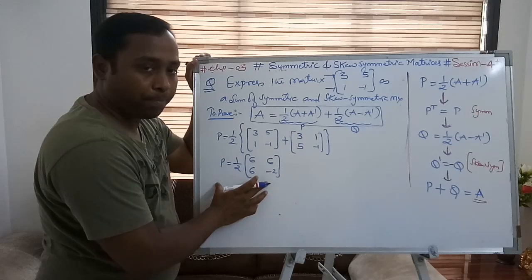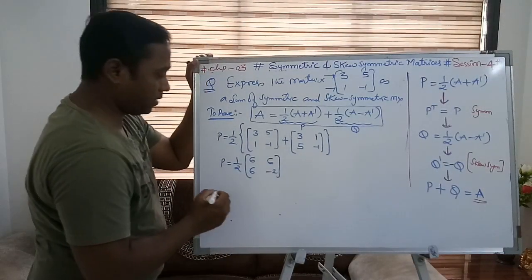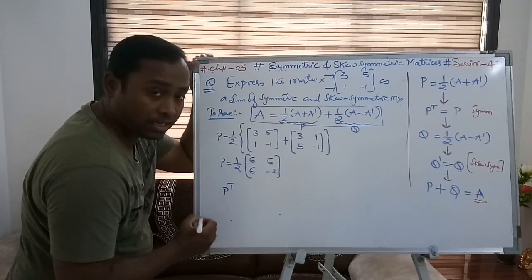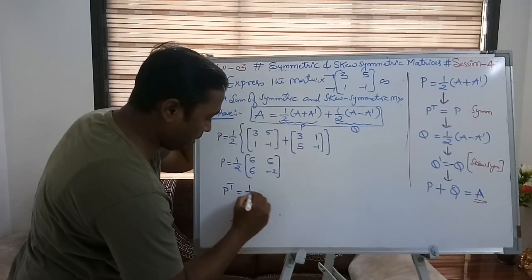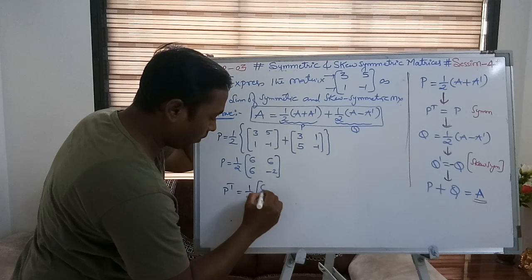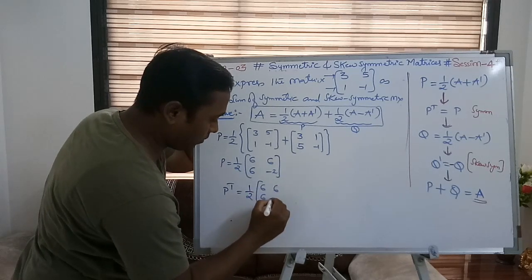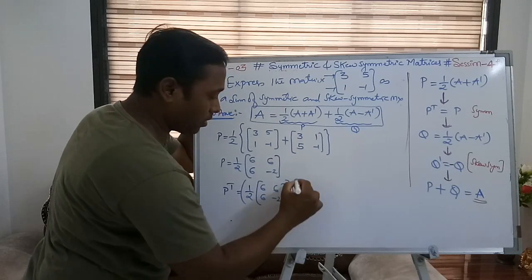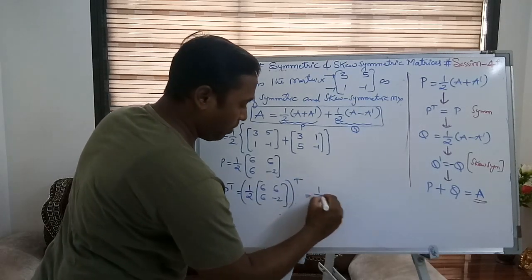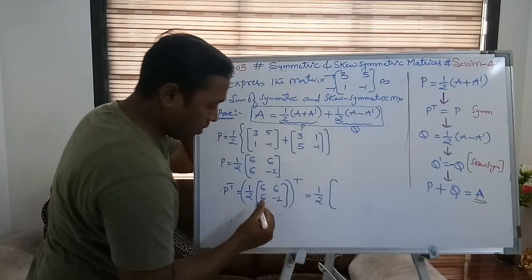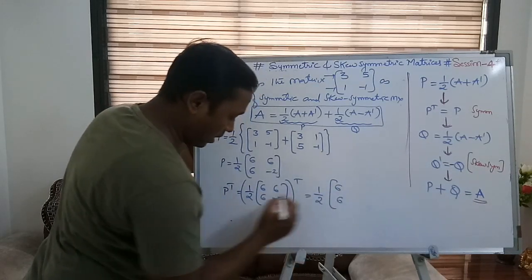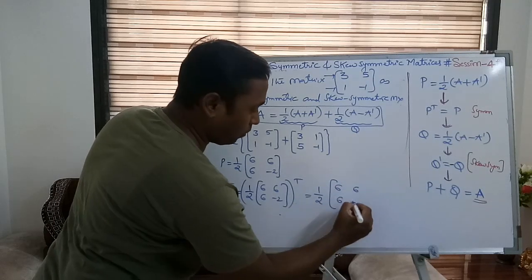Now it is P. After this, the second step. What is the second step? I have to prove now. I am taking P transpose. P transpose means half of 6, 6, 6, minus 2, the transpose. By transposing this, rows become columns, the second row becomes the second column.